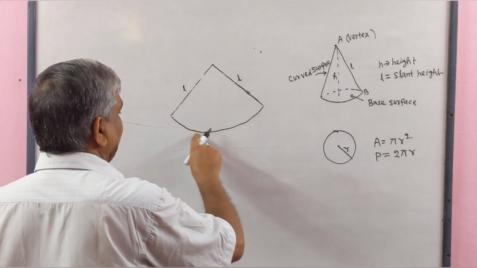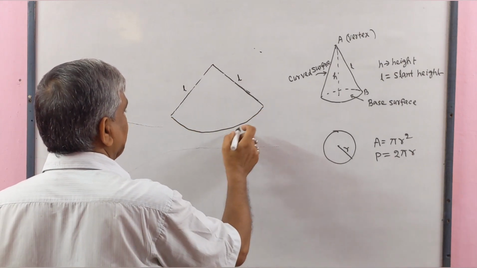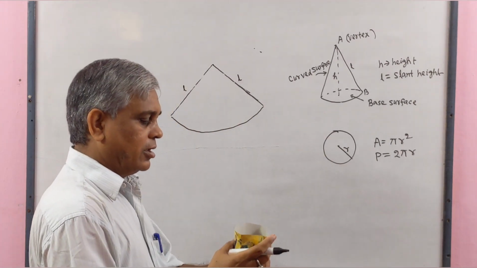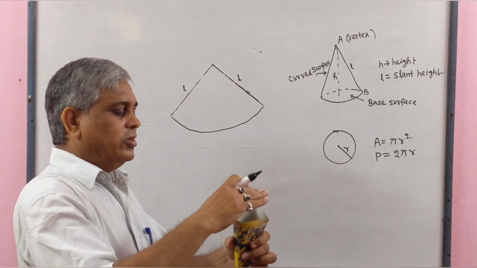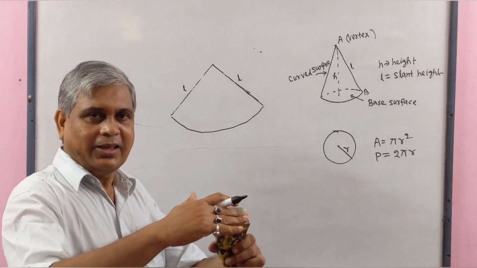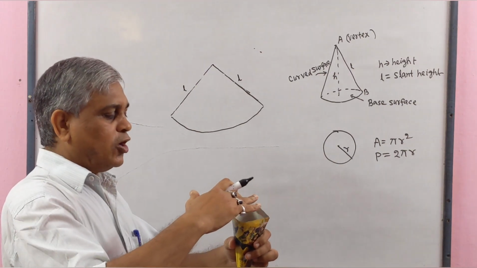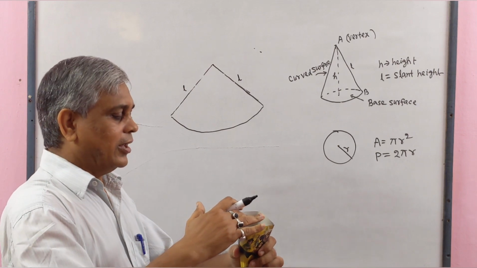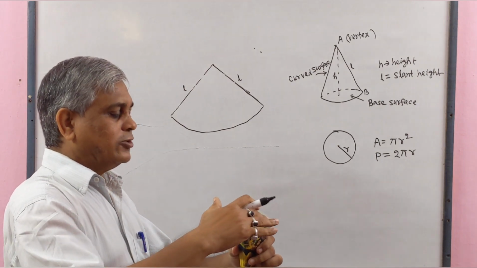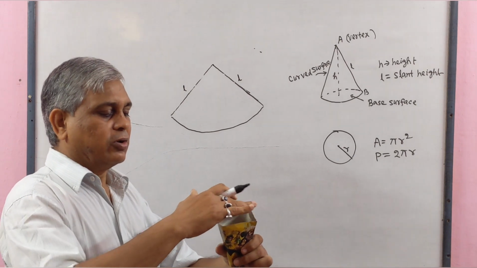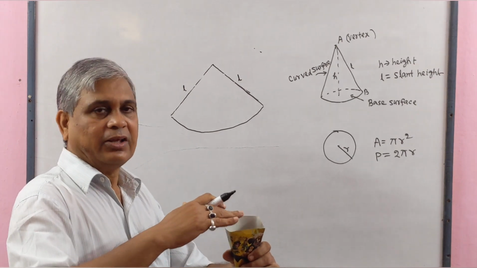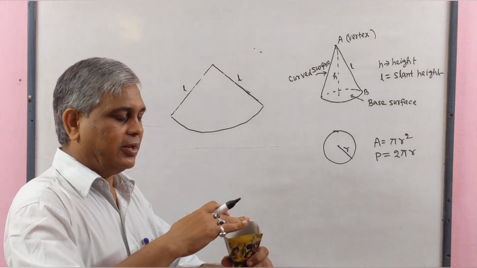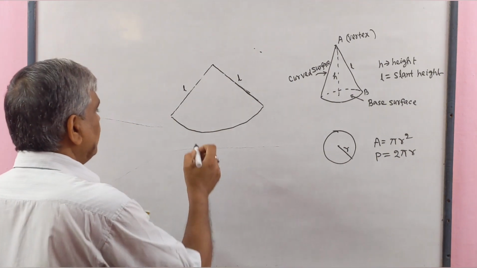And what is the length of this arc? This is the arc. This arc is of the circle. If the radius of this circle is a small r, then the length of this arc, meaning the circumference or perimeter of this circle, will be 2 pi r.